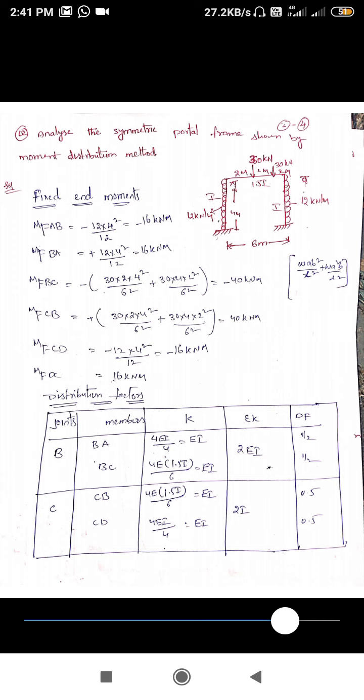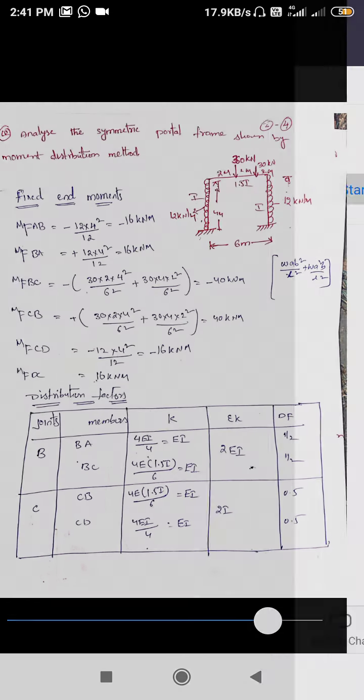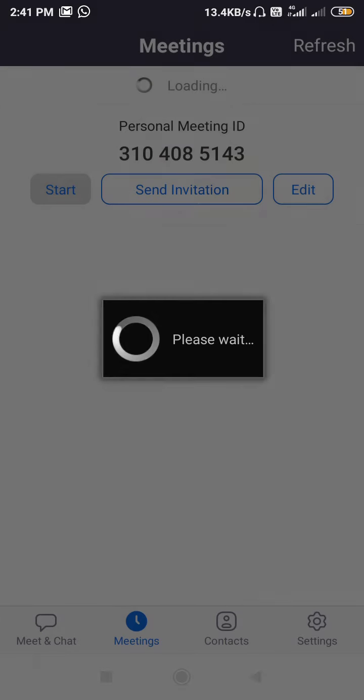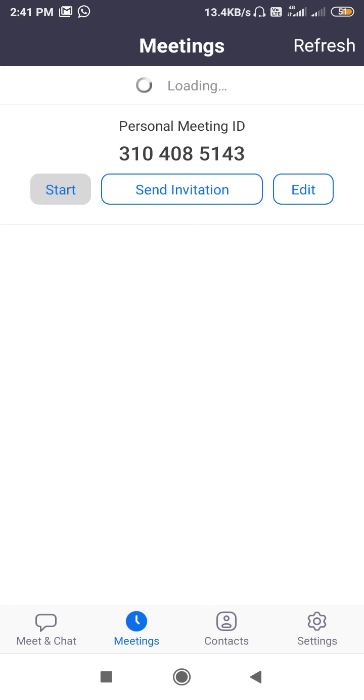So first we find the fixed end moments. The moment acting on span AB has a UDL formula, that is WL square by 12. Here W is 12 and L is 4 meters, so we obtain minus 16 kilonewton meter. That is the moment at AB. Same for the moment at BA, in reverse form, since it is a UDL.